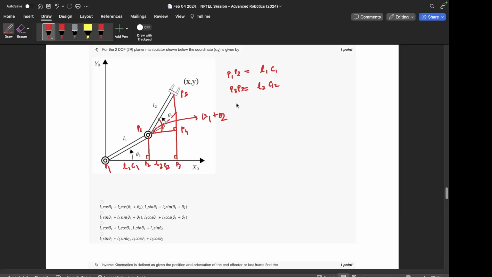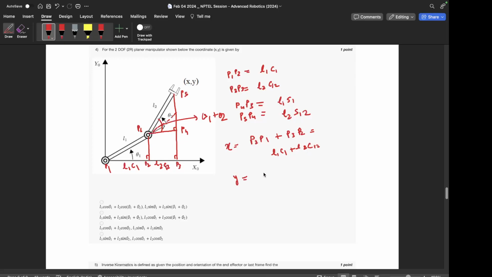So similarly in the y direction we have P4P3 is L1 S1 and P5P4 is L2 S12. So x is P2P1 plus P3P2, which is L1 C1 plus L2 C12.